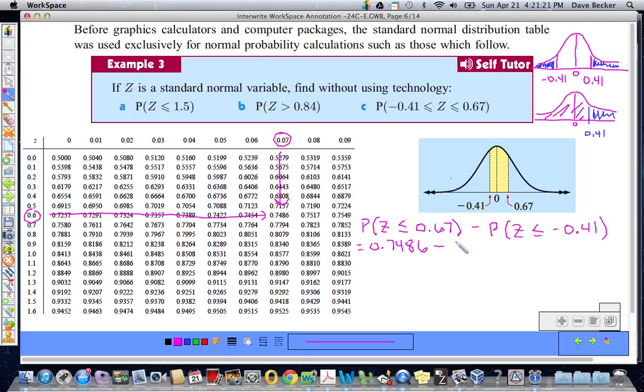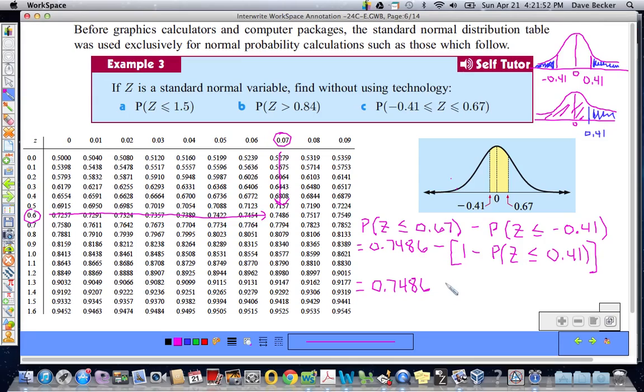So 1 minus the probability that z is less than or equal to positive 0.41. A quick way to remember that is if I ever have a negative that I have to find the probability of, it's just 1 minus the probability of the positive.